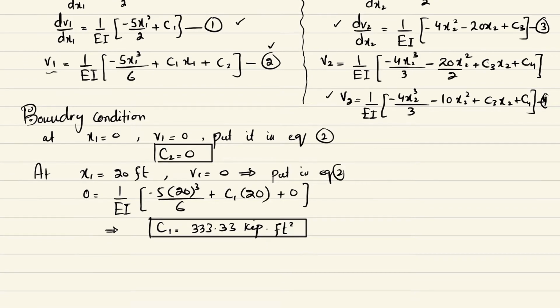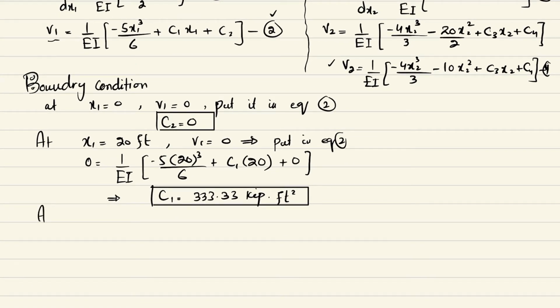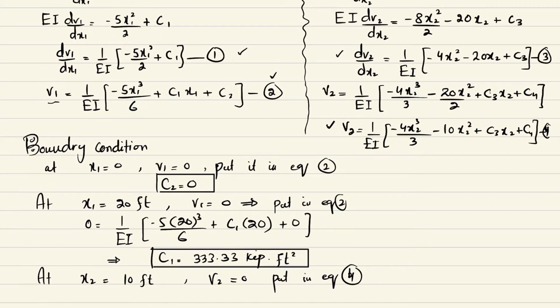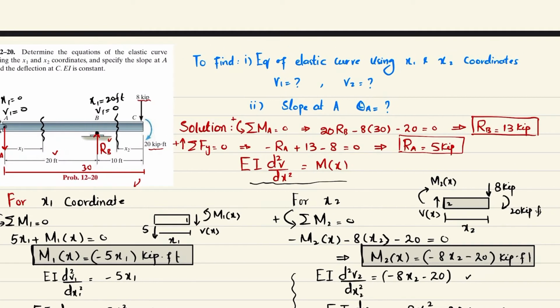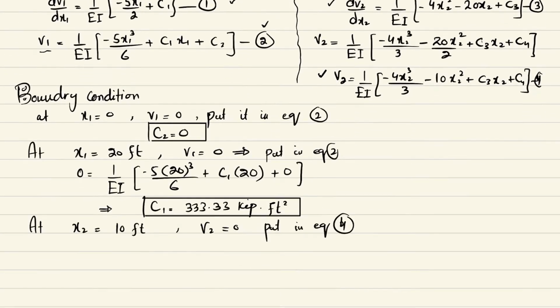Now we will apply the third boundary condition for x2. At x2 = 10 feet, we have v2 = 0, so put it in equation 4, which is the deflection for coordinate x2. You can see here that this is the point where x2 is 10 feet, and v2 = 0 because there is a support.